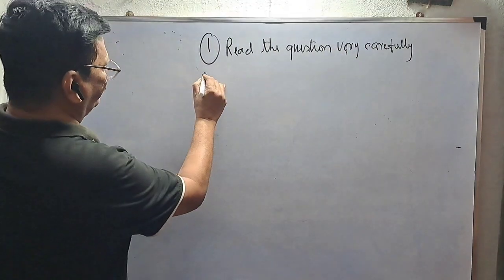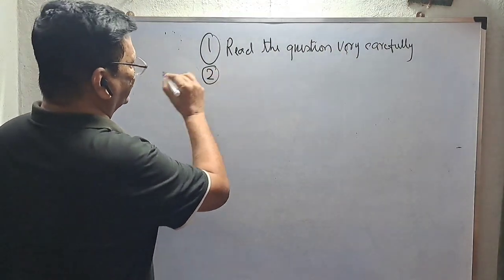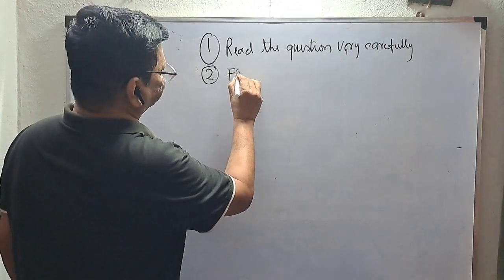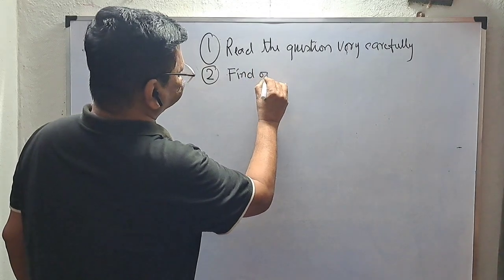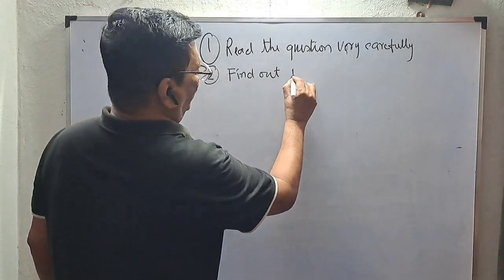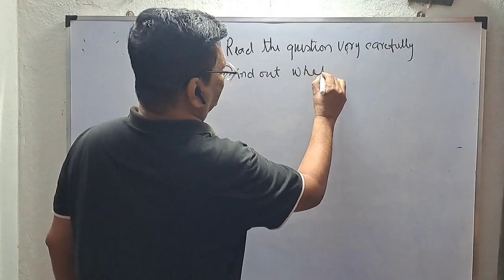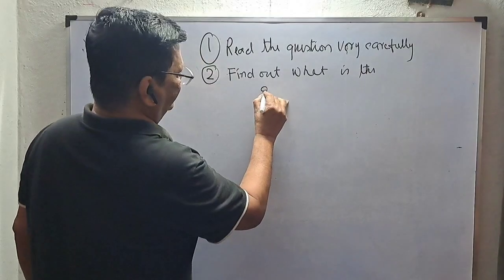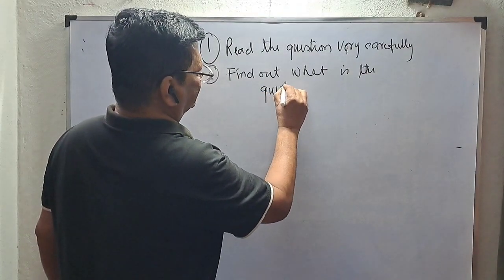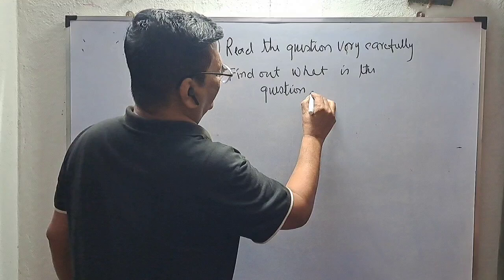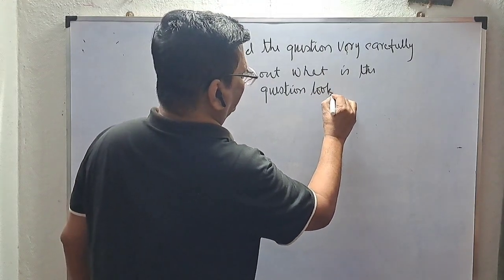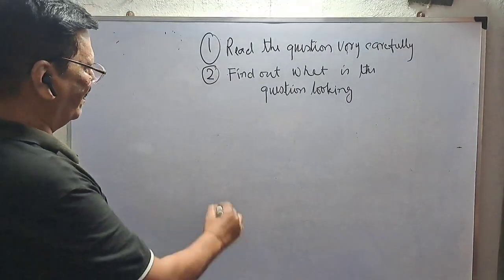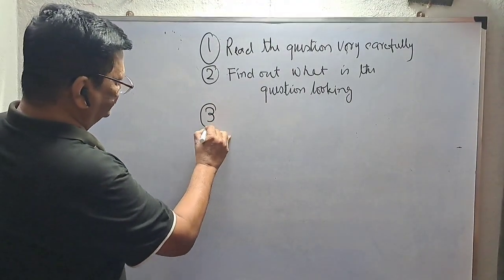Number 2. Find out what the question is looking for. That is number 2. Now comes the strategic part. Strategy.